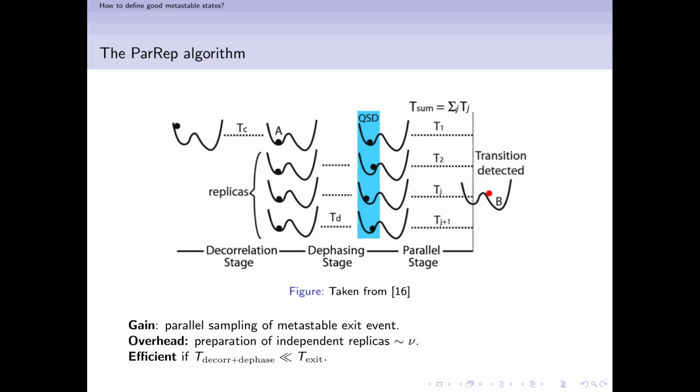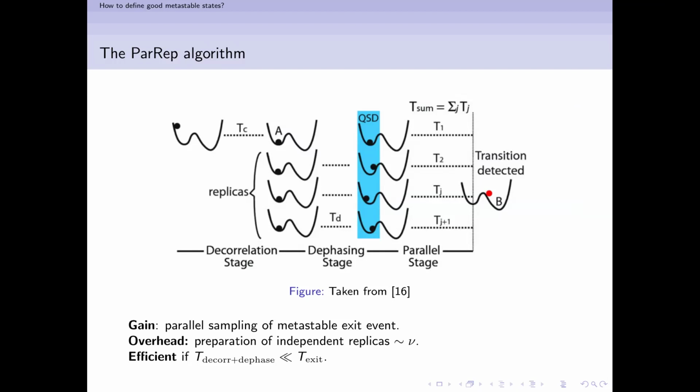So for instance, you can just do rejection sampling, by keeping the replicas that haven't escaped. You know that after a long enough time, all those replicas are going to be distributed according to this QSD, this local equilibrium.